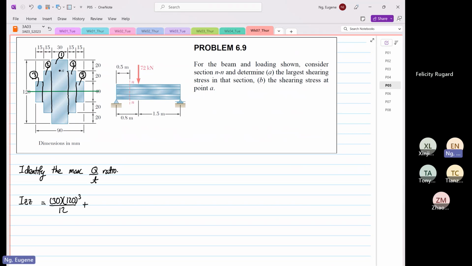Plus, because there's section 2 twice, the width is 15 multiplied by a depth of 20, 40, 80, cube over 12, then plus twice the width of 15, the depth is 40, cube over 12.